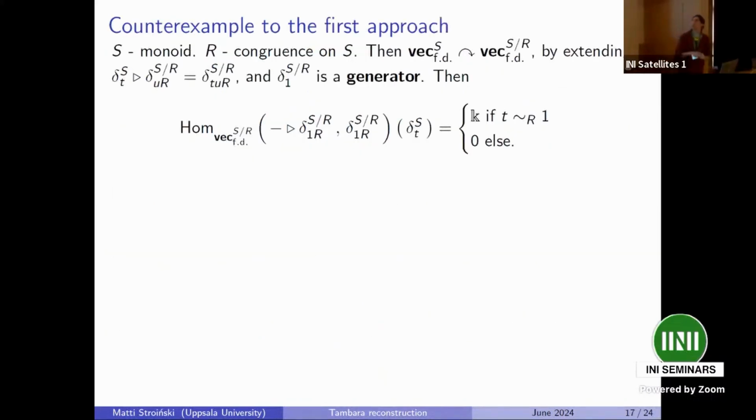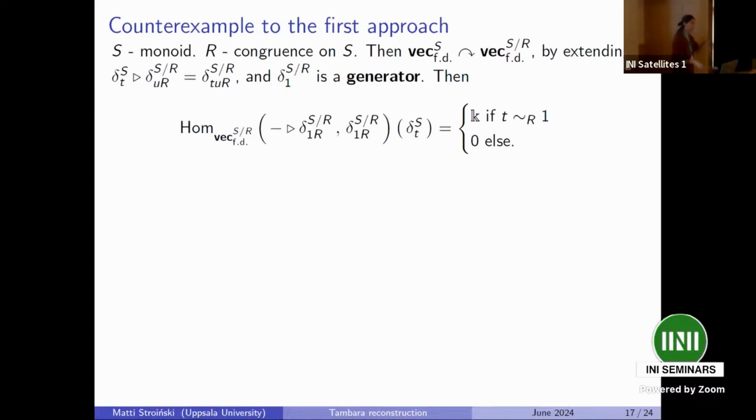So let's see why this first approach doesn't work. Let S be a monoid, maybe a finite monoid to make it a bit simpler, and let R be a congruence on S, so an equivalence relation suitably compatible with the multiplication, so that I can form a quotient S mod R, and this is still a monoid.